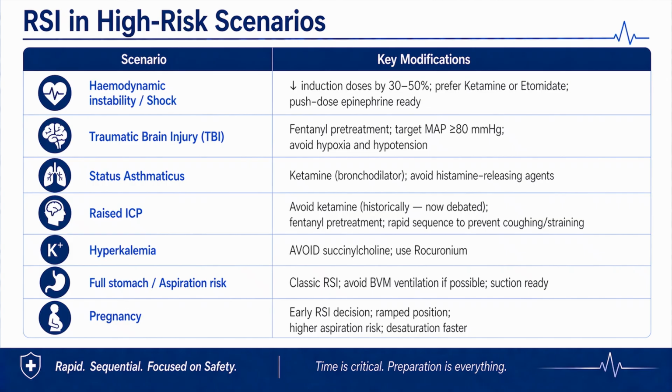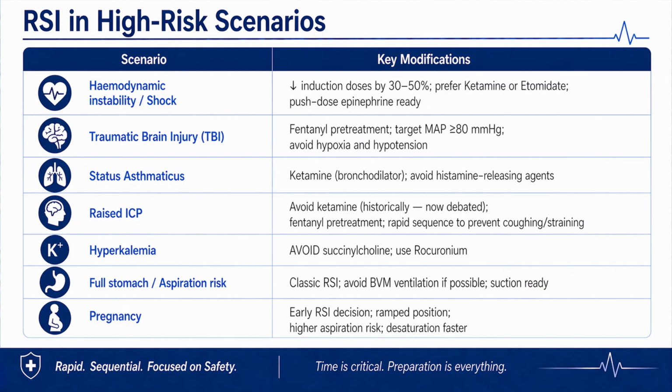And in cases of hyperkalemia, like we discussed previously, you have to avoid succinylcholine, go for rocuronium. In cases of full stomach or high aspiration risk, you better avoid bag mask ventilation if possible. And finally, in pregnancy, there is a very high aspiration risk, and the patient desaturates very quickly.